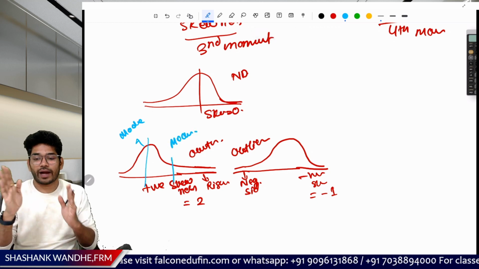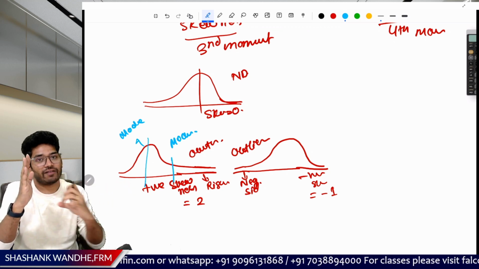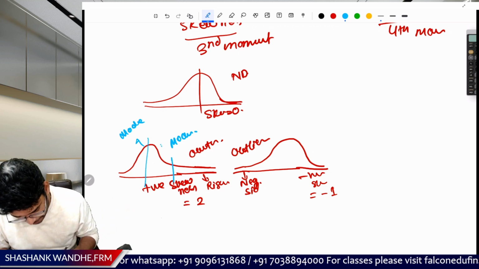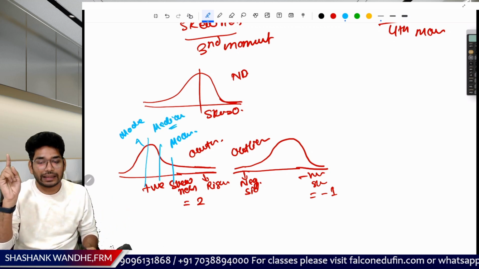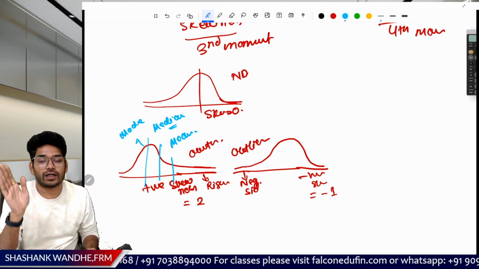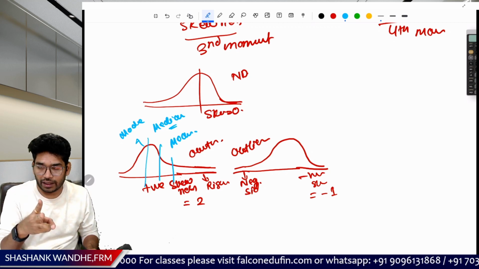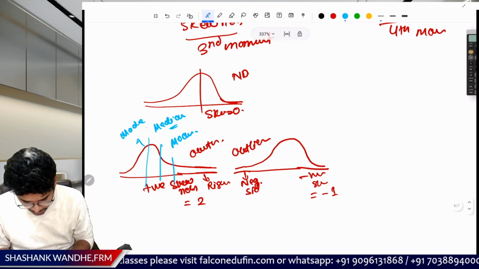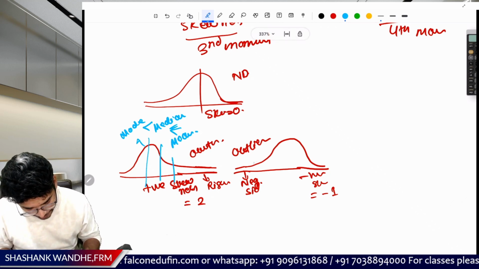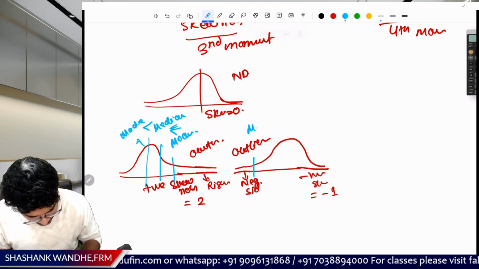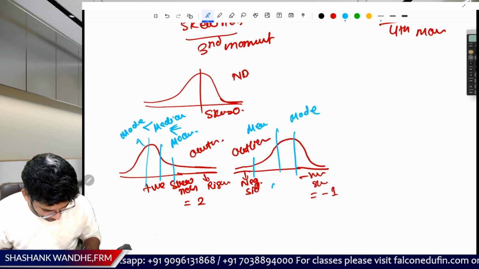Because we have outliers on the positive side, the mean will be pulled here, and in between we will have the median. In negatively skewed data, here we will have our mean, here our mode, and here our median.